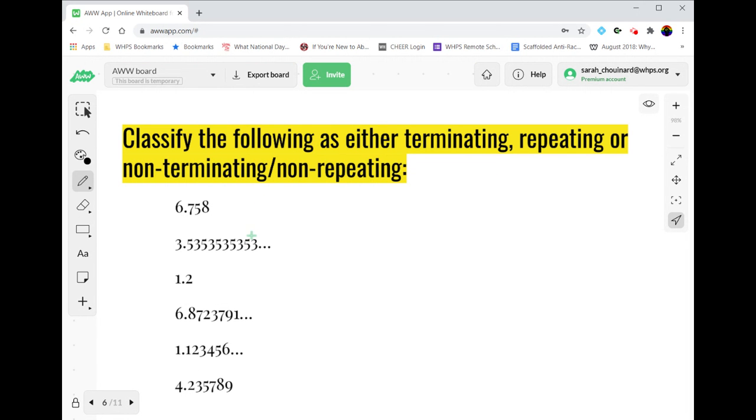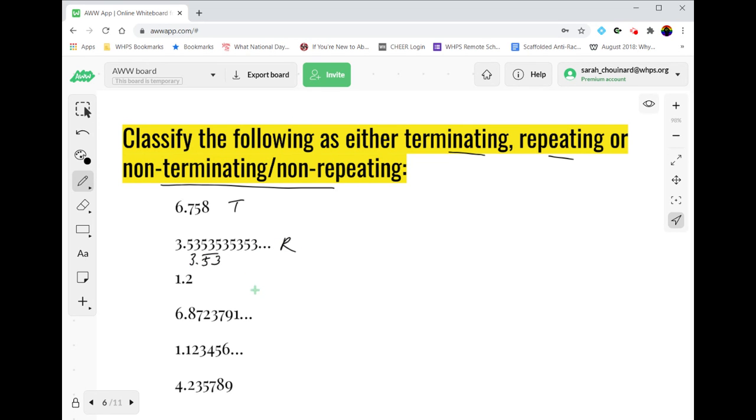So let's decide for these ones if they're considered terminating, repeating, or non-terminating, non-repeating. Since 6.758 stops, it's considered terminating. 3.53535353... could be written as 3.53 repeating.